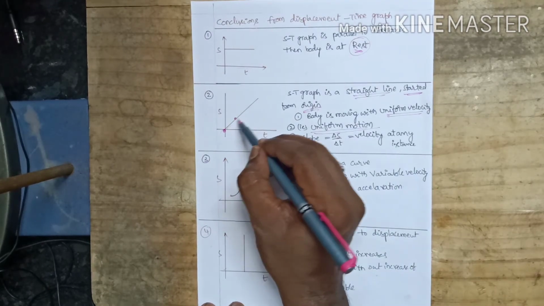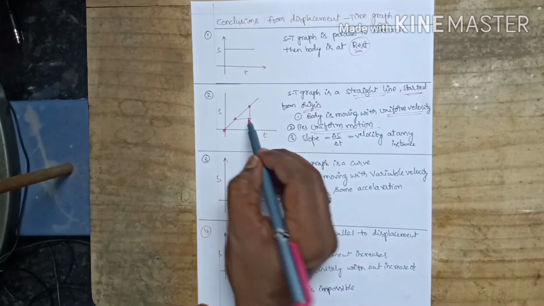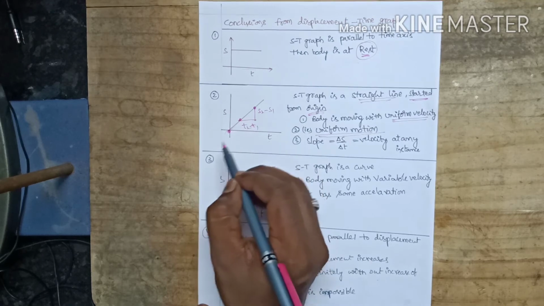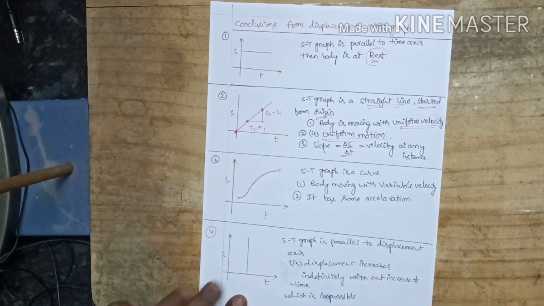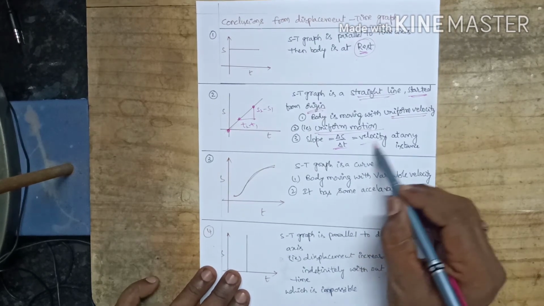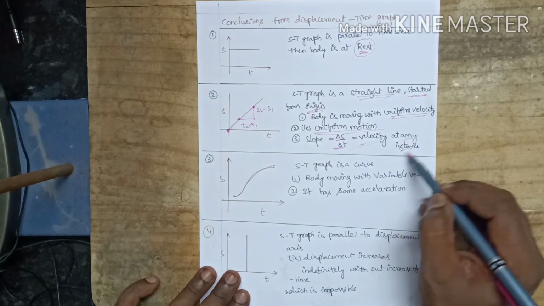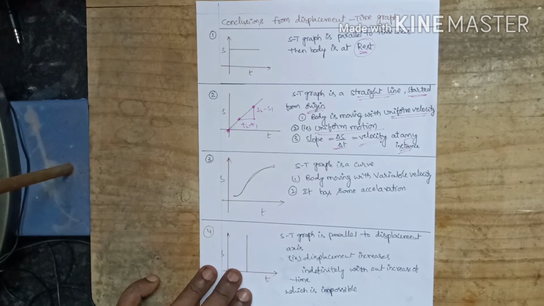Then between any 2 points we can calculate the slope, that is S2 minus S1 by T2 minus T1. If we take the ratio of these two, we get delta S by delta T, that is the velocity of the object at any instance between any two successive intervals of time.